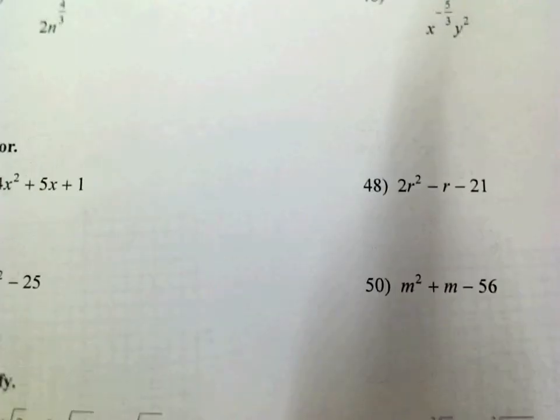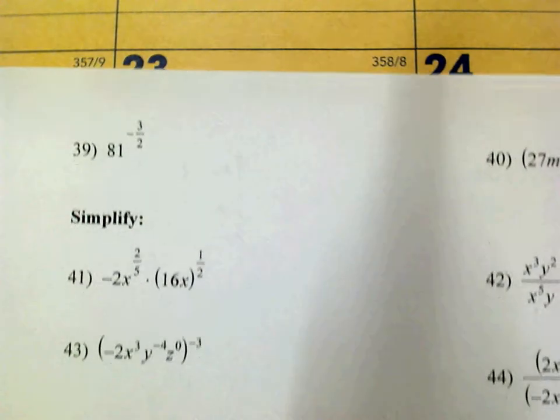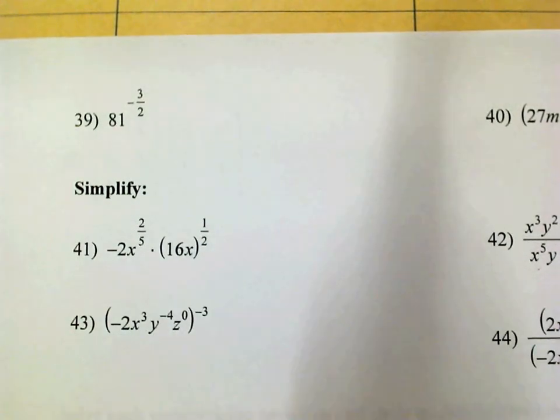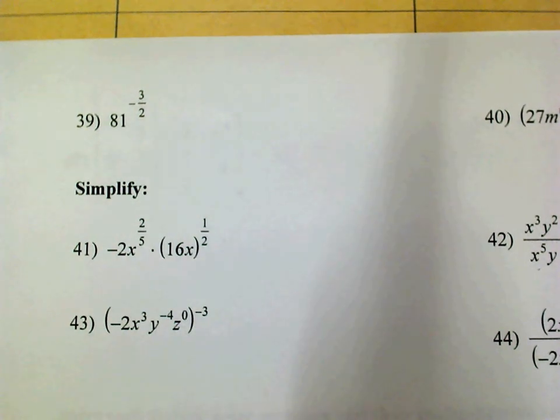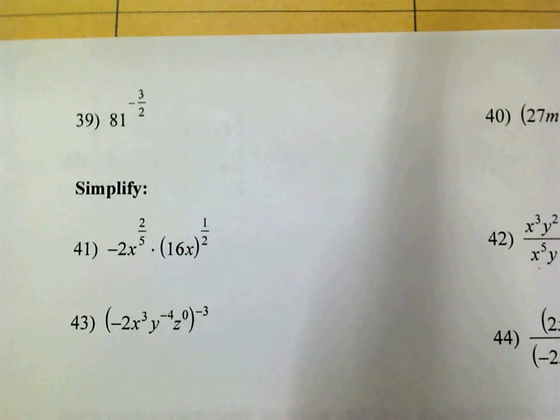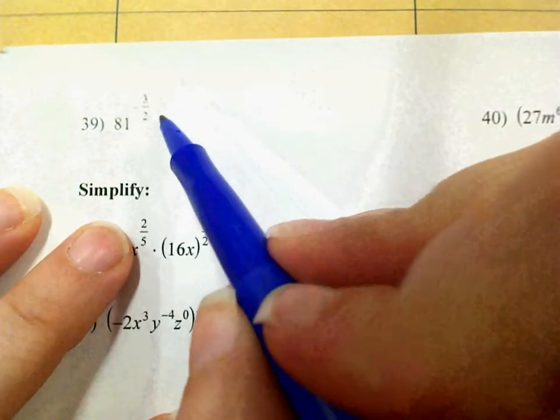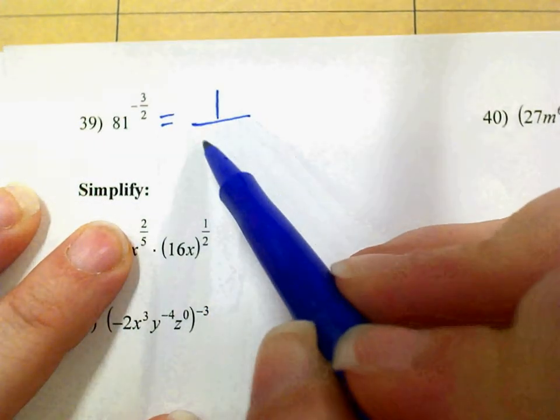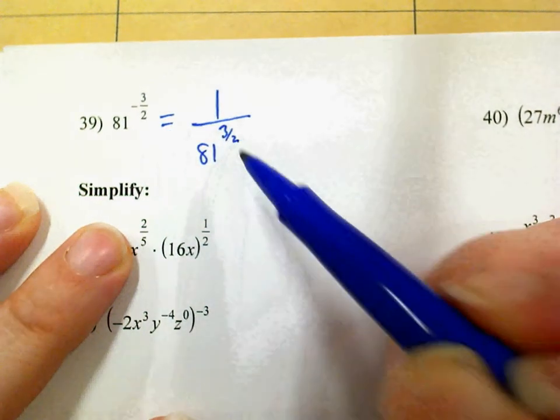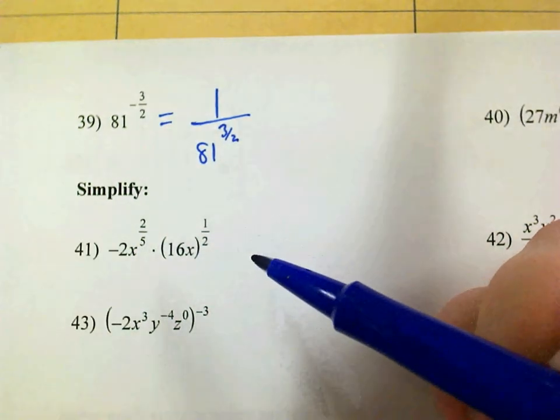All right, 39. So 39 says 81 to the negative 3/2, yeah? What does a negative do? Right, having a negative power just means that it's in the wrong location. So this is equivalent to 1 over 81 to the 3/2. I have some people that would make that a negative 81, but that doesn't make it negative.